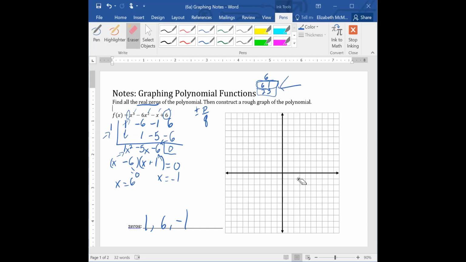So what does x equal when y equals 0? In this case, we know that x equals 1 when y equals 0, and we could put a dot there. We know that x equals 6, 1, 2, 3, 4, 5, 6, when y equals 0. And we know that x equals negative 1 when y equals 0.